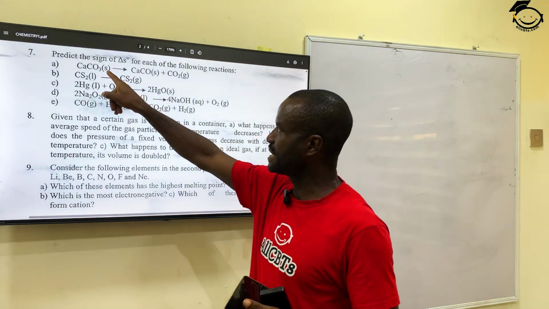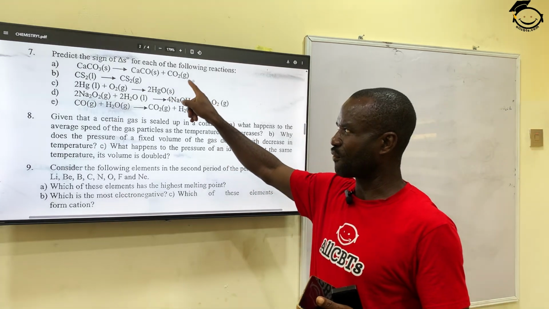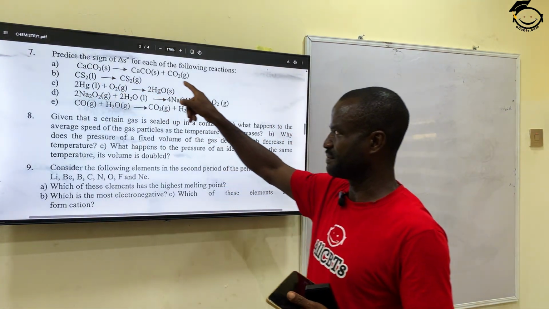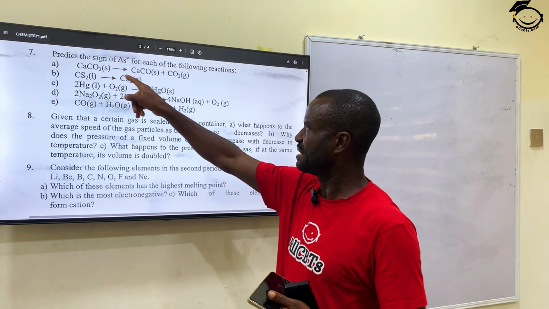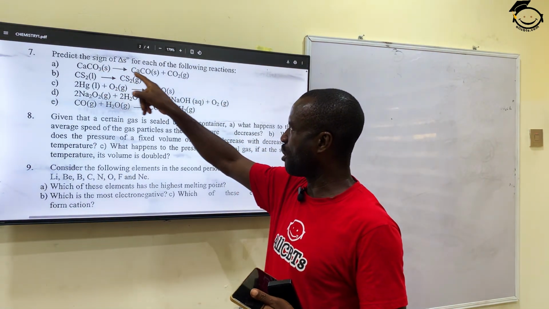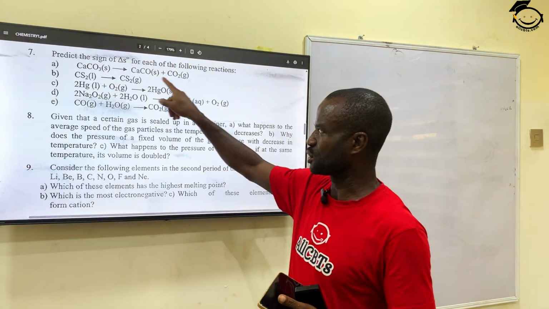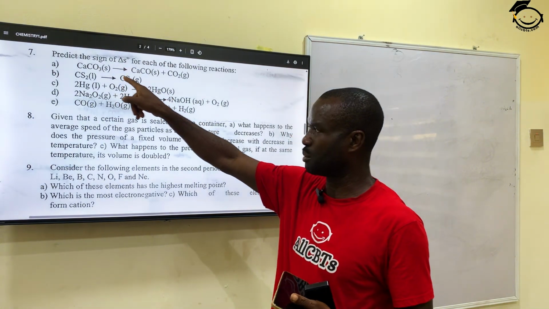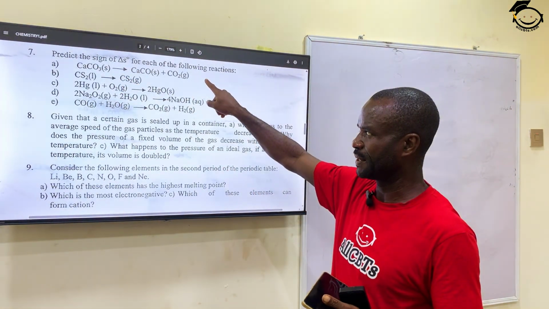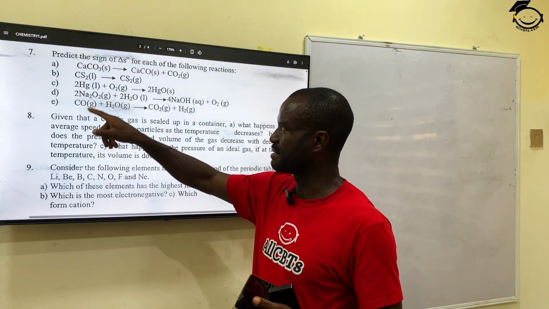So this is solid, this is another solid, and this is a gas. Of course, you know that the degree of disorderliness is positive because you have more of the substance going from the solid to the gaseous state. So automatically we have entropy change to be positive for this reaction.